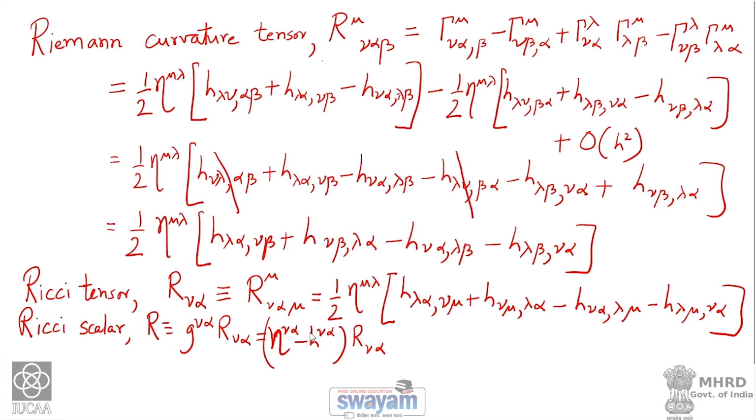So, I need to only take eta nu alpha contract with R nu alpha. So, therefore, I will get this object to be half eta nu alpha into eta mu lambda. The other h nu alpha will only give me quadratic correction, I will not bother about it.